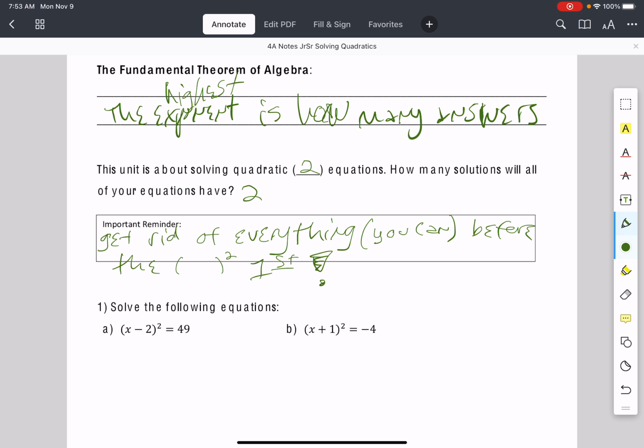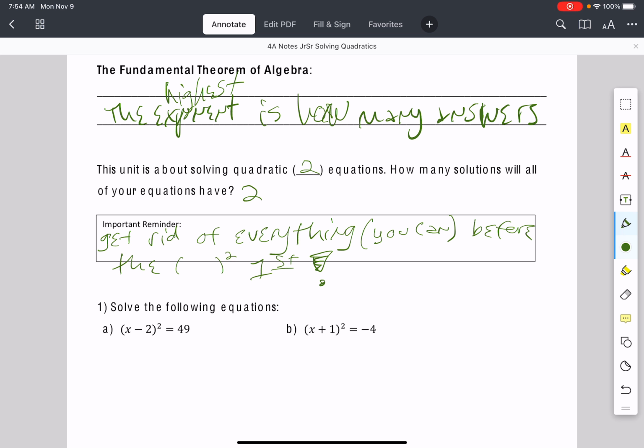Remember last time we talked about how, excuse me, I got a frog in my throat. Remember last time we talked about how when you're solving equations, you do opposite of PEMDAS. So PEMDAS, that's how we combine things: parentheses, exponents, multiplication, division, subtraction. So we're going to do the opposite of that when we're undoing things, okay?